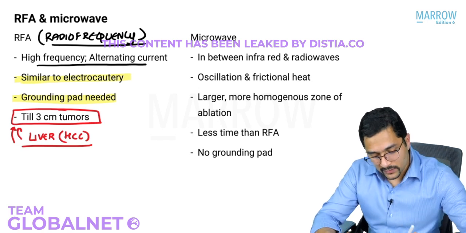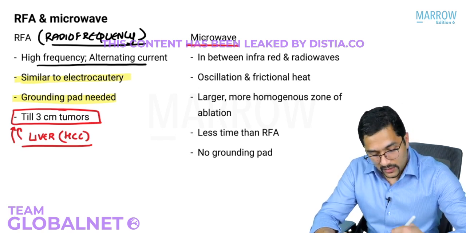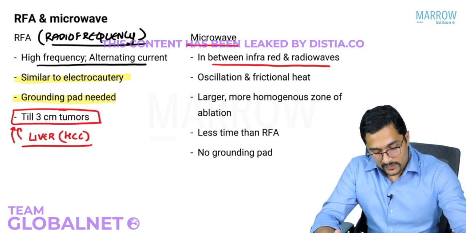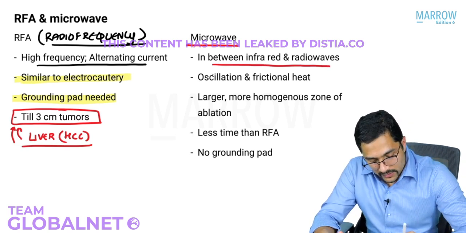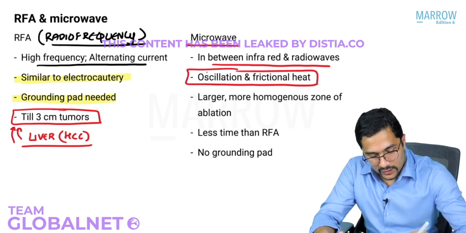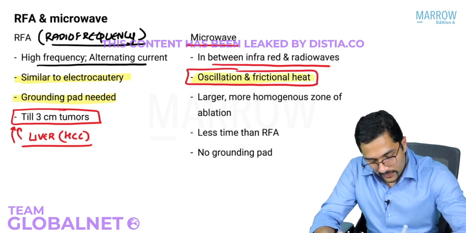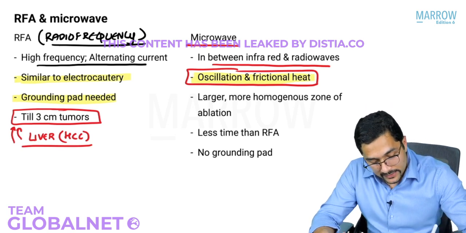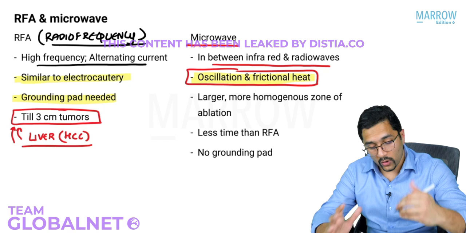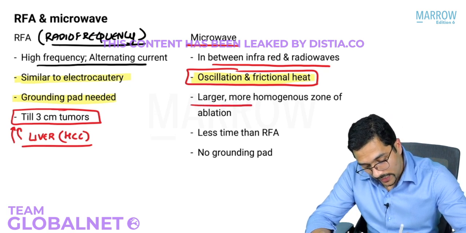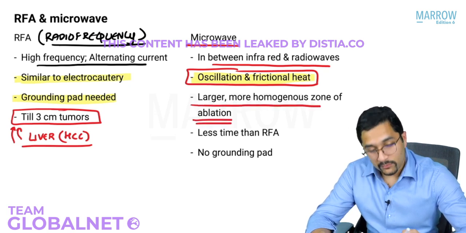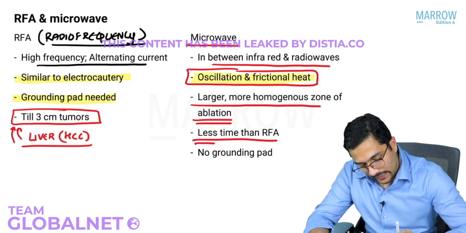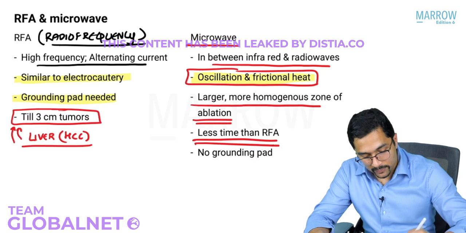In comparison to this, microwave ablation, microwaves are in between infrared and radio waves, and this works on the principle of oscillation and frictional heat, right? This can cause destruction in a larger area and in a more homogeneous pattern, and less time is required than radiofrequency ablation.